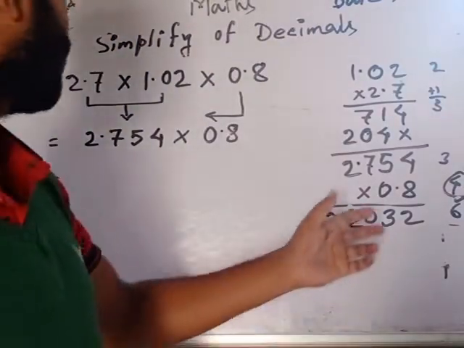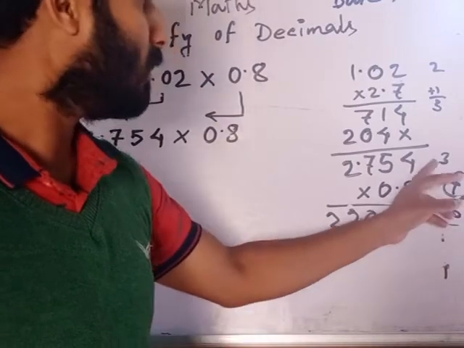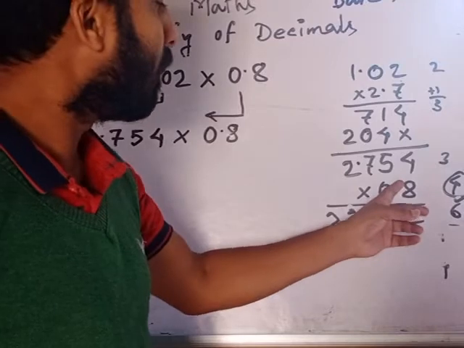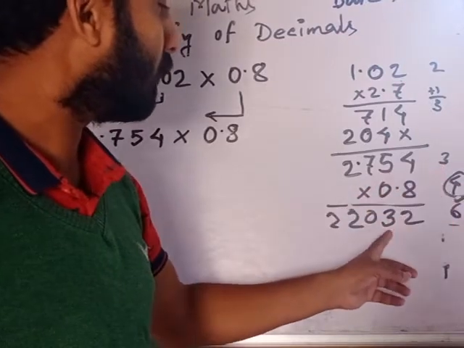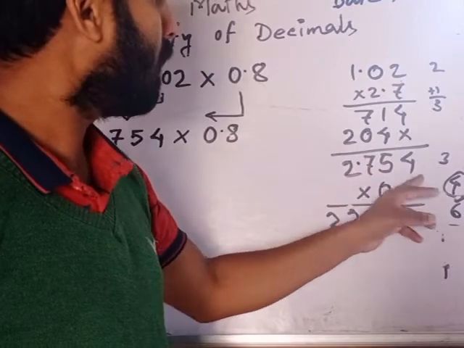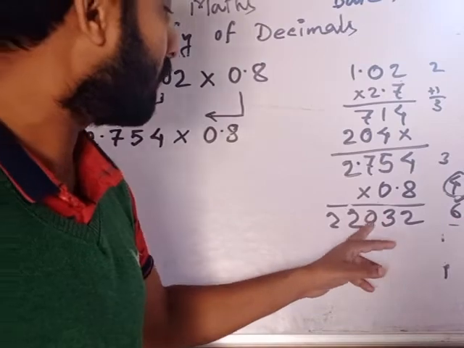I will tell you again. 8 4s are 32. So we should write here 2. 3 carries in the next left. 5 8s are 40 plus 3, that is 43. 4 carries in the next left. 7 8s are 56 plus 4, that is 60. So we should write here 0.